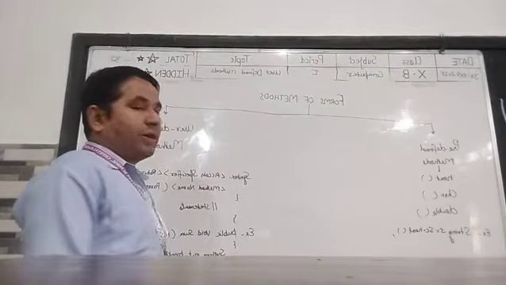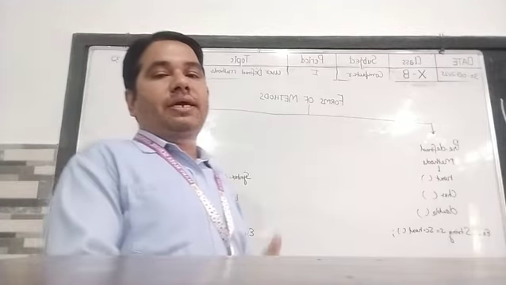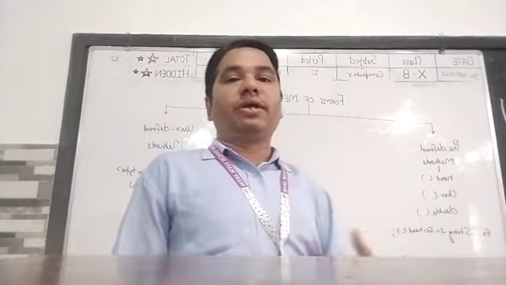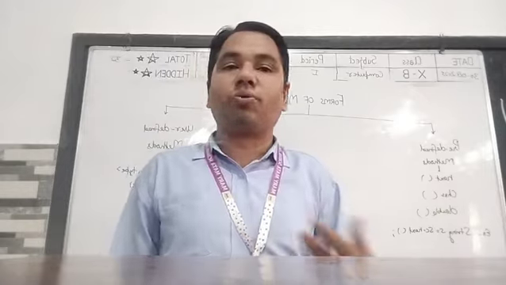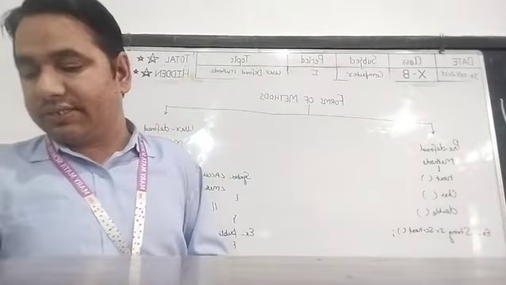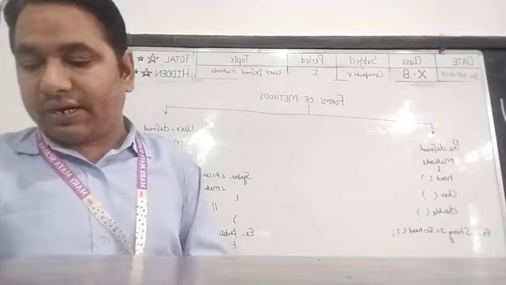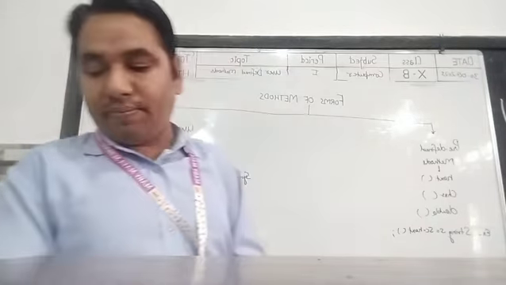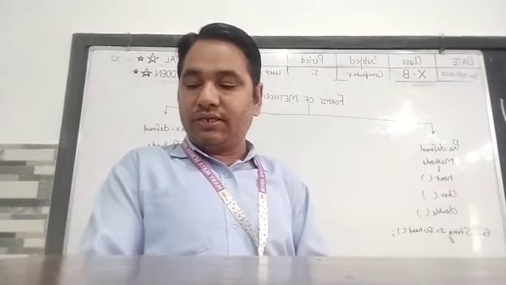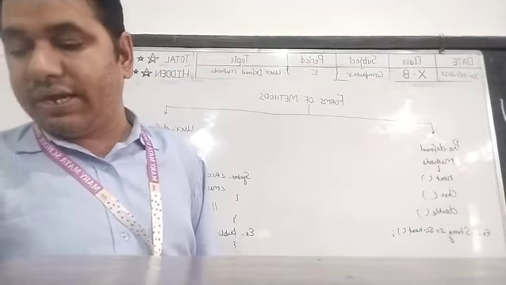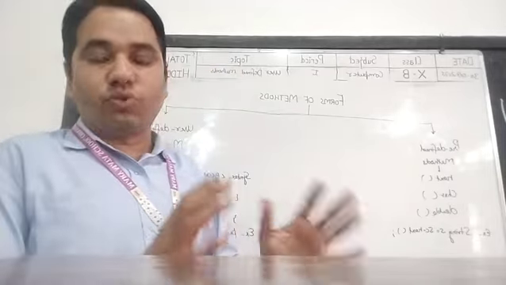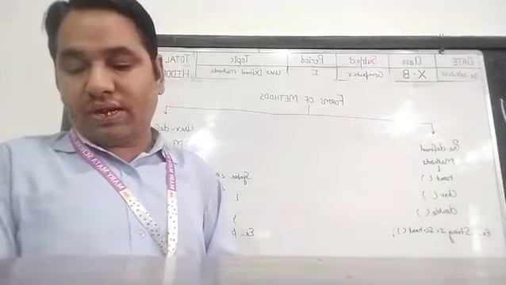Then user defined methods. Once again, we define them according to our choice, according to the need of the program. A method written by a programmer according to their requirements is known as a user defined method. It helps a programmer write customized code according to the need of the program.